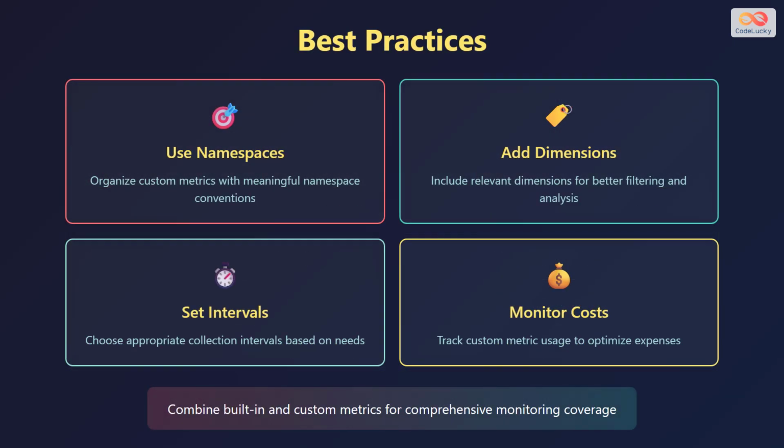To get the most value from CloudWatch metrics, follow these best practices. First, use meaningful namespace conventions to organize your custom metrics logically. Second, add relevant dimensions to enable better filtering and analysis of your metric data. Third, set appropriate collection intervals based on your monitoring needs, balancing between data granularity and cost.